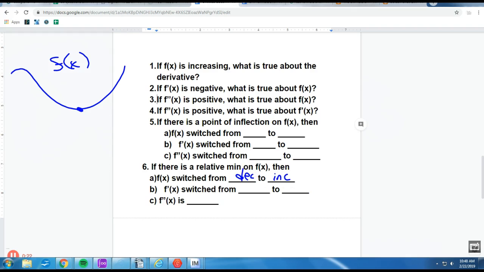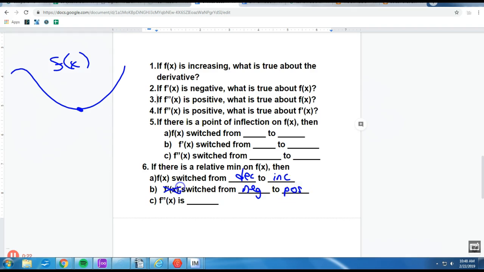The derivative switched from what to what? Well, if I'm decreasing, what's true about my derivative? If f of x is decreasing, what's true about the derivative? It's negative, right? And if f of x is increasing, it's positive. So f prime switched from negative to positive.